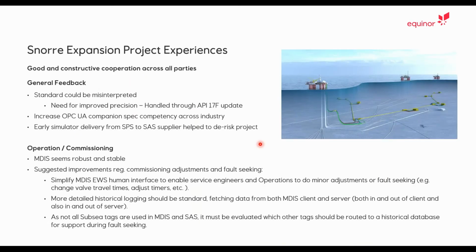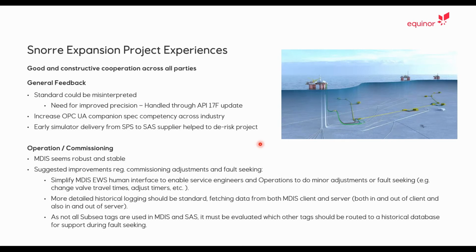So what's the feedback from Snorre? In general, during the project execution, there was good and constructive cooperation across all the parties involved. This I think we also see as a result of the clear scope split. But what we noted during the project execution was that the standard, the previous release, not the 1.03, could be misinterpreted.